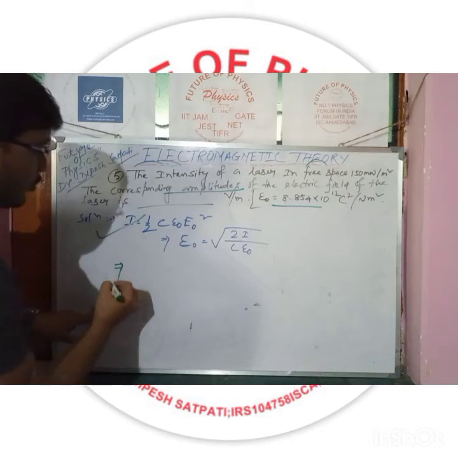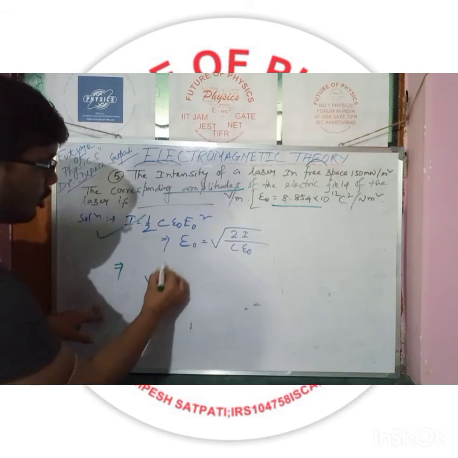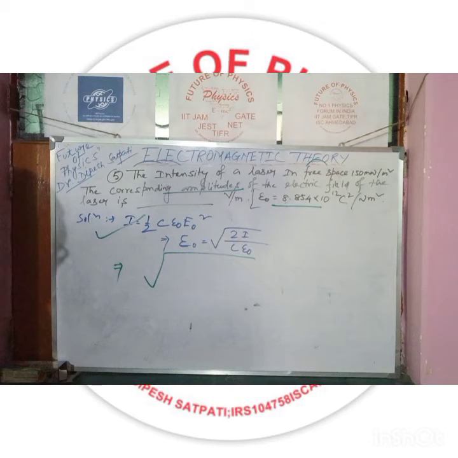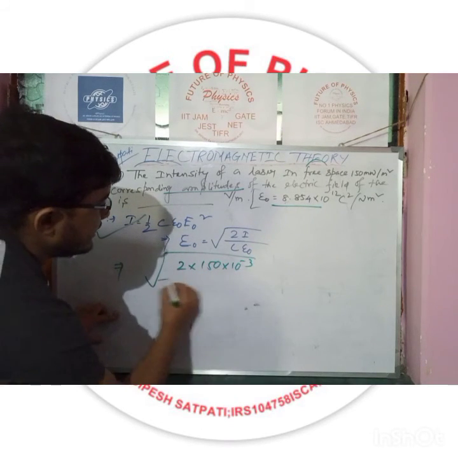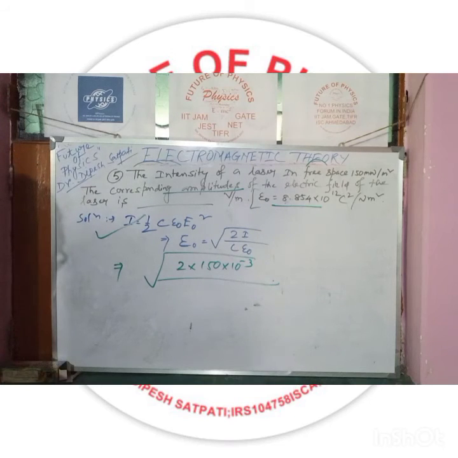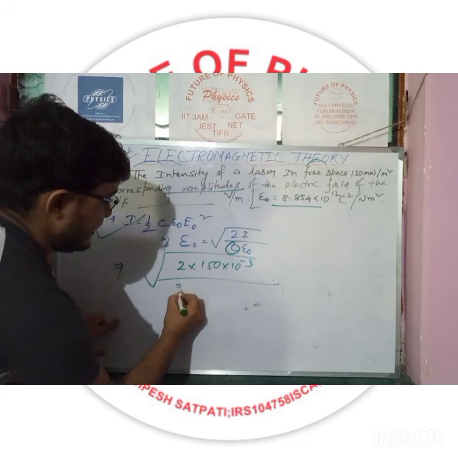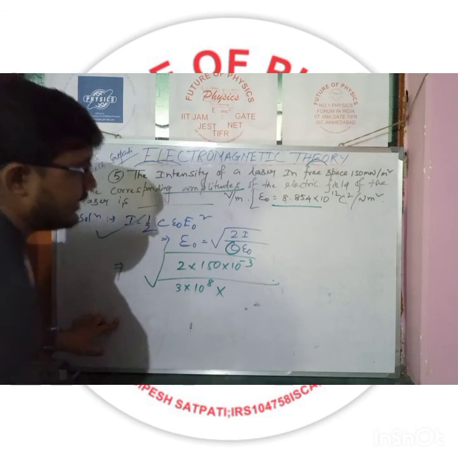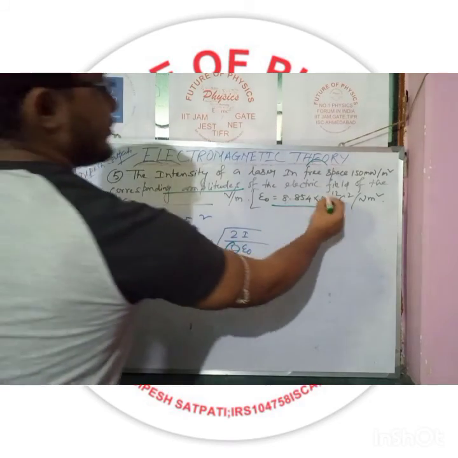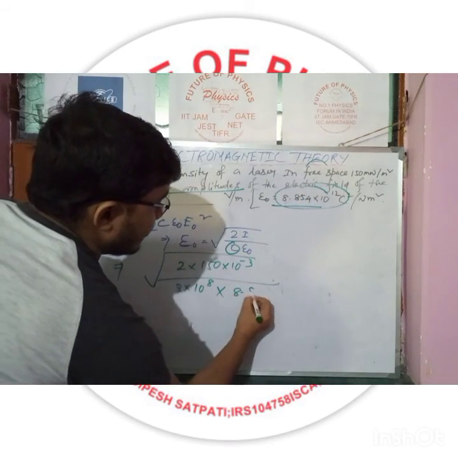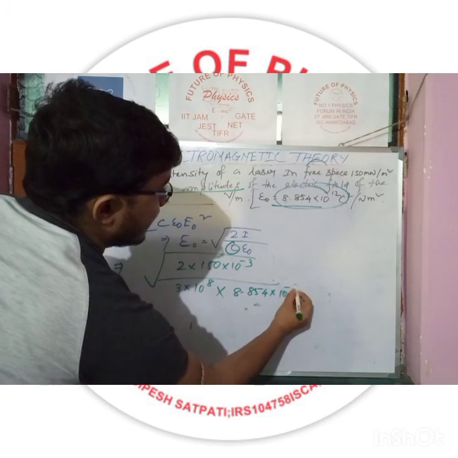Now put the value: root over of 2 into 150 into 10 to the power minus 3 divided by c epsilon 0, where c is 3 into 10 to the power 8 and epsilon 0 is 8.854 into 10 to the power minus 12.